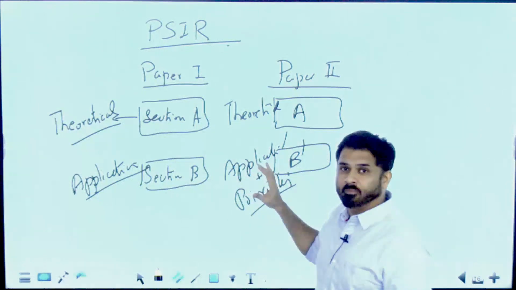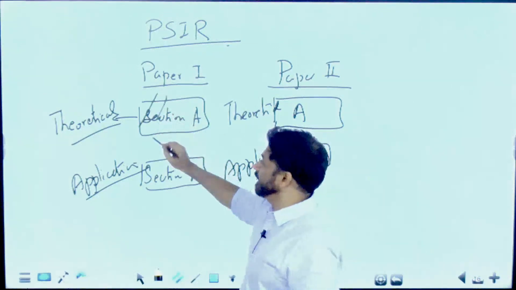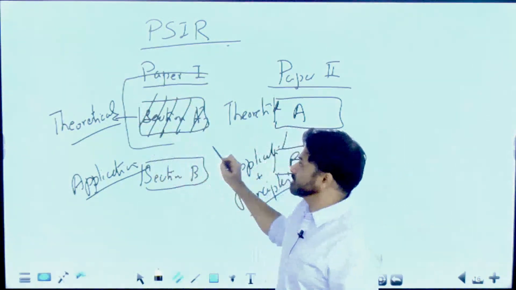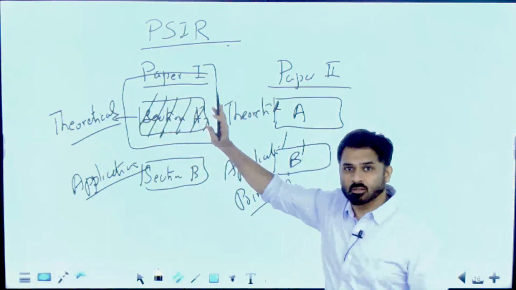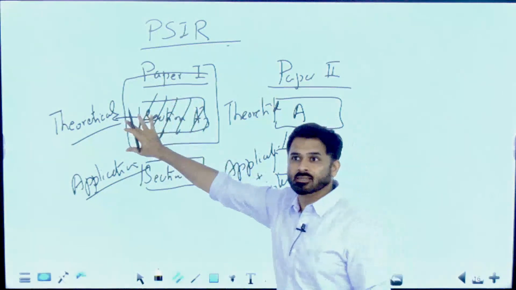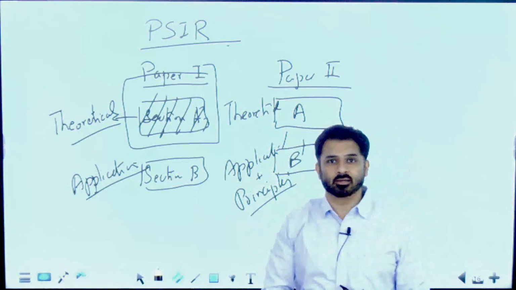The most important area of PSIR out of all this is section A of paper 1. If you are clear about all the concepts, all the theories, all the principles over here in paper 1, section A, you are clear about everything in political science and IR, right?